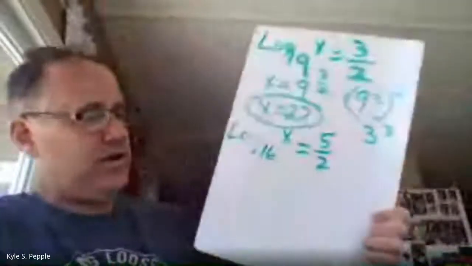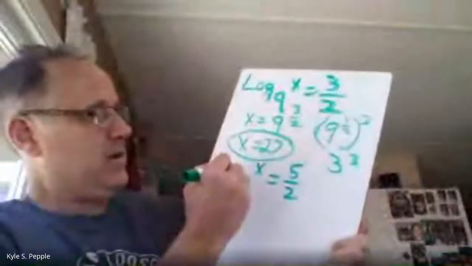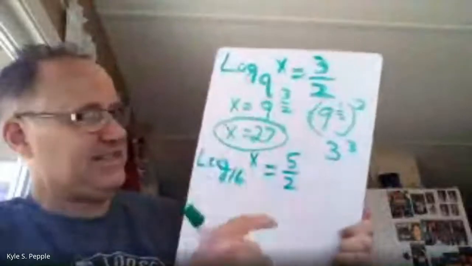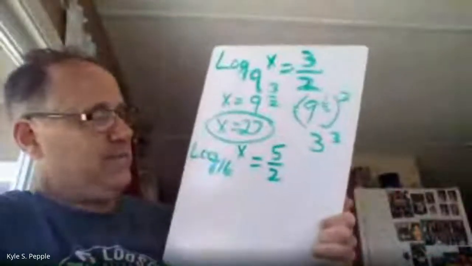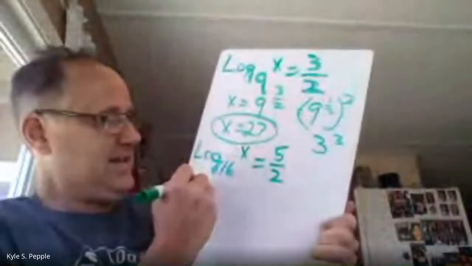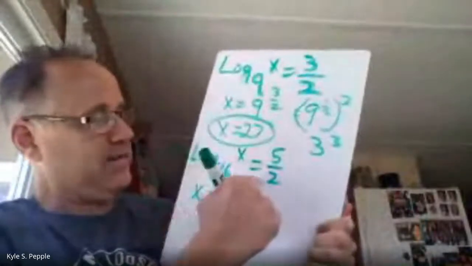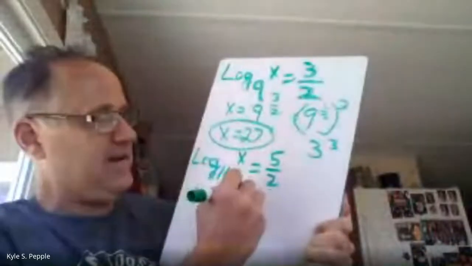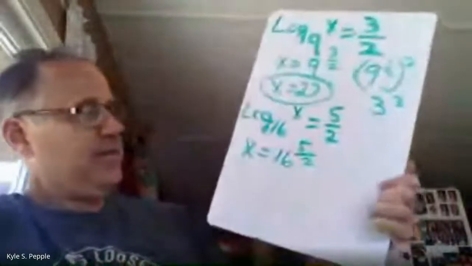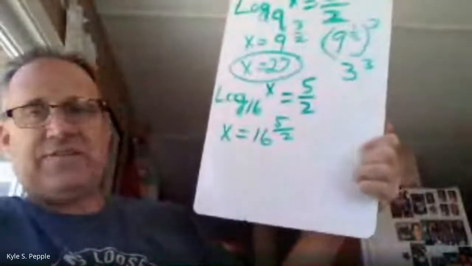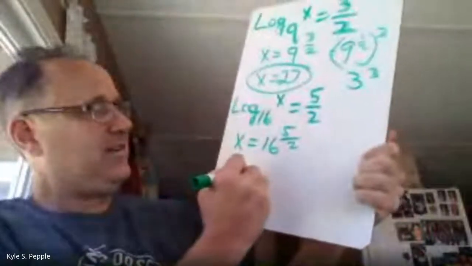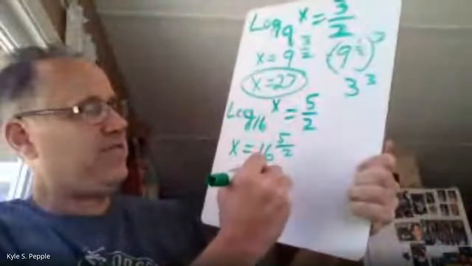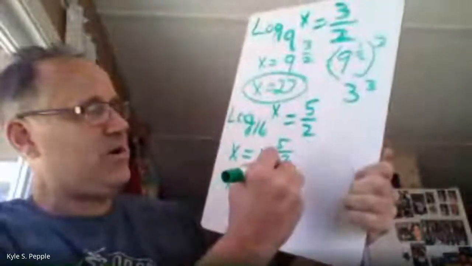And then the last one for example one, log base 16 of x equals 5/2. Rewrite: x equals, we bring the 16 to the other side. x equals 16 to the 5/2. Rewrite by pulling the 5 out.